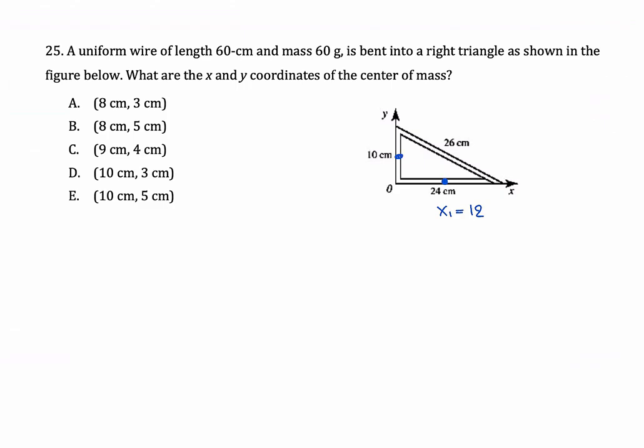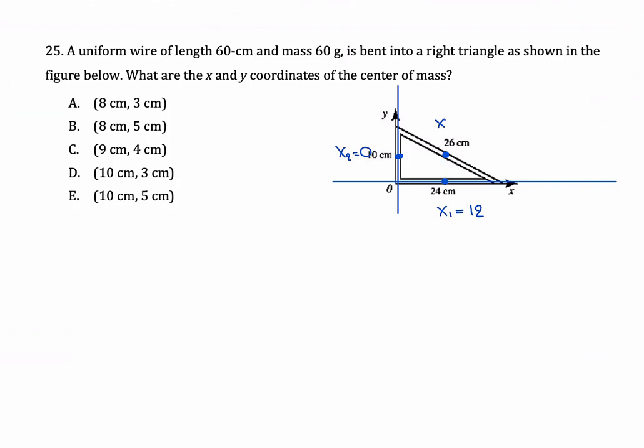The second wire, if we're talking about the x-axis, the location of the center of mass, the x2, is 0. And for the third wire, the location of the center of mass, if I project completely downwards, although the length of the wire is 26 centimeters, the location x is right above the x1.